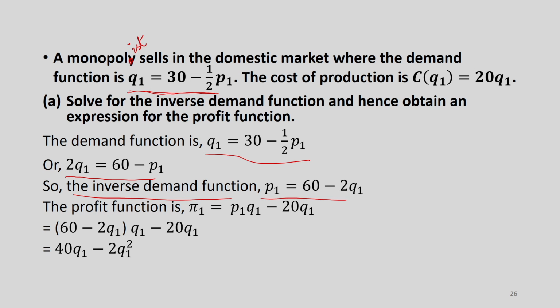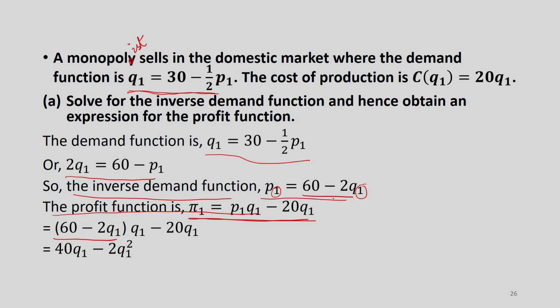Now, you might be wondering at this stage why we are talking about this subscript 1 all the time. That will become clearer later on when we introduce another market, right. Now, the inverse demand function has been found out. So, therefore, the profit function can be found out by using that profit is equal to revenue minus cost, and therefore, I get (60 minus 2 Q1).